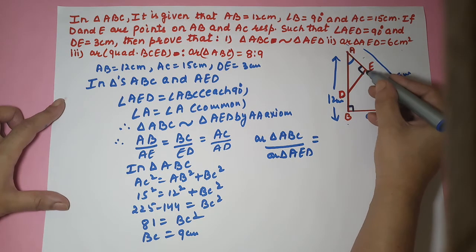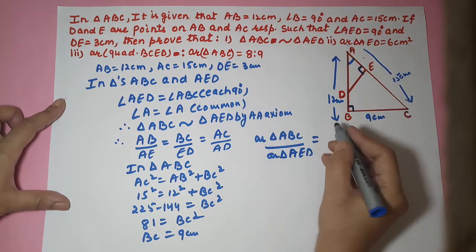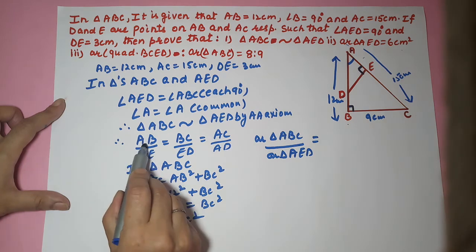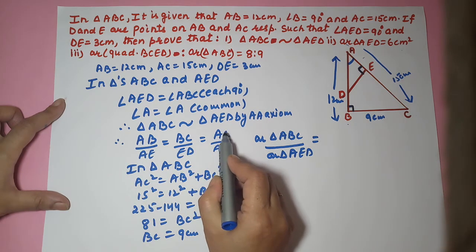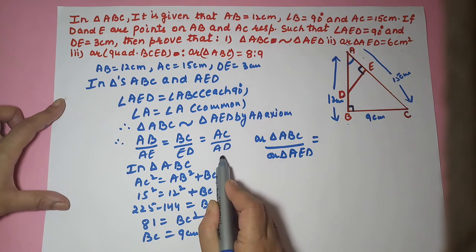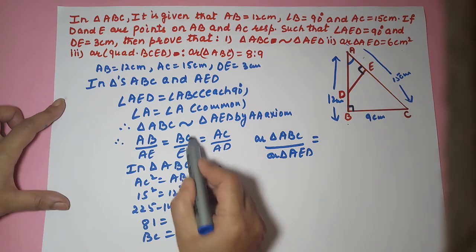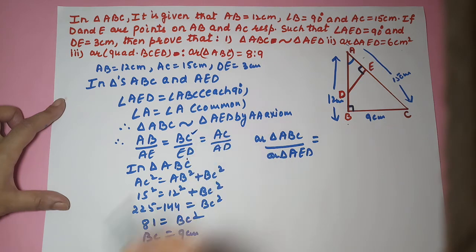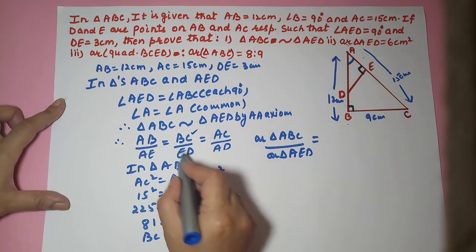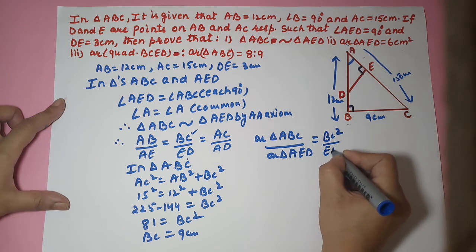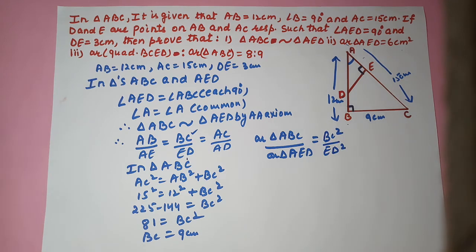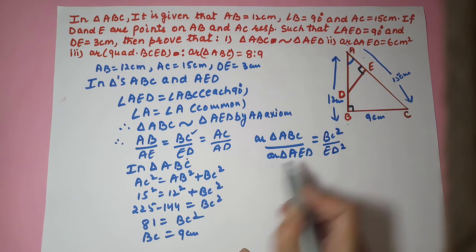ED is not given to me, it is given 3 centimeters. That's why I have calculated this, because AB was given, then AE was not given. AC was given, then AD was not given. So what I did, ED was given, so I calculated BC, so that along with this I can take BC square upon ED square. Now it will become easy for me to calculate the area of AED.